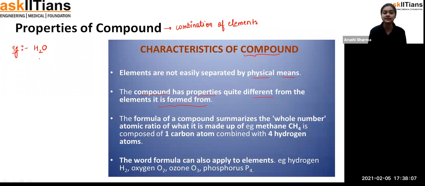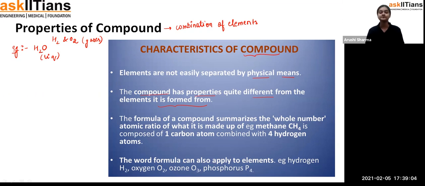Hydrogen and oxygen are gases, but when they combine together to form water, H2O, it is a liquid. So it is not always the case that the properties of the elements are transferred into the compound as well. So that's the second property of compounds.